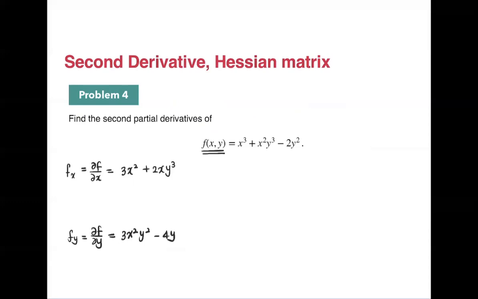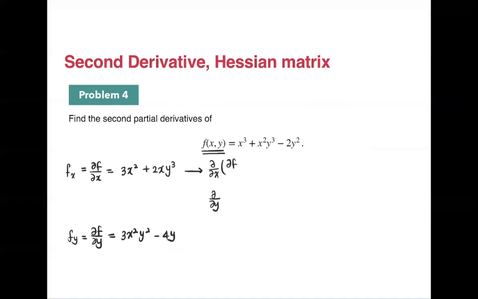So second derivative means taking a derivative a second time. So you need to differentiate this function again. And you can see that this function is also a function of x and y, right? So we can differentiate this function with respect to x and with respect to y, okay?